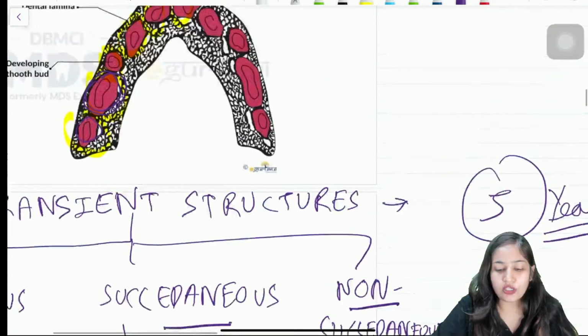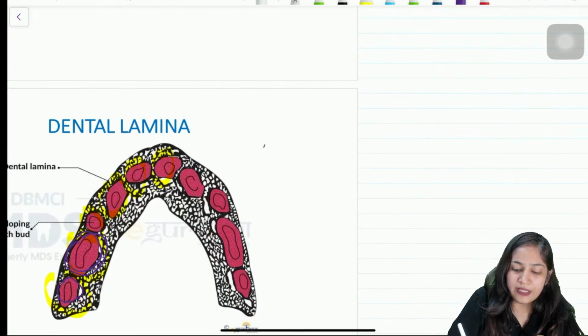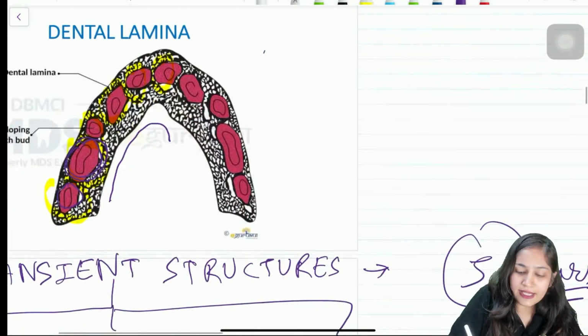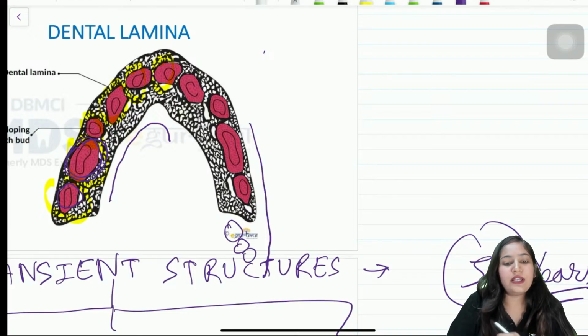Sumaya is asking about the distal extension of the dental lamina, right? Lingual extension means from here permanent teeth will erupt, and the distal extension is this portion of the dental lamina where our permanent molars will erupt.